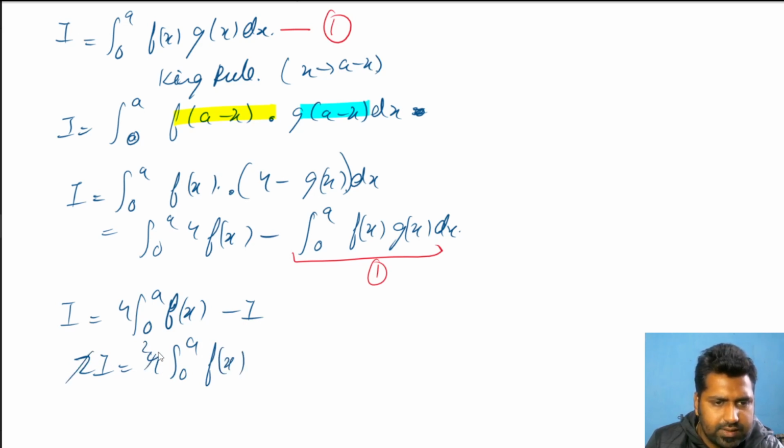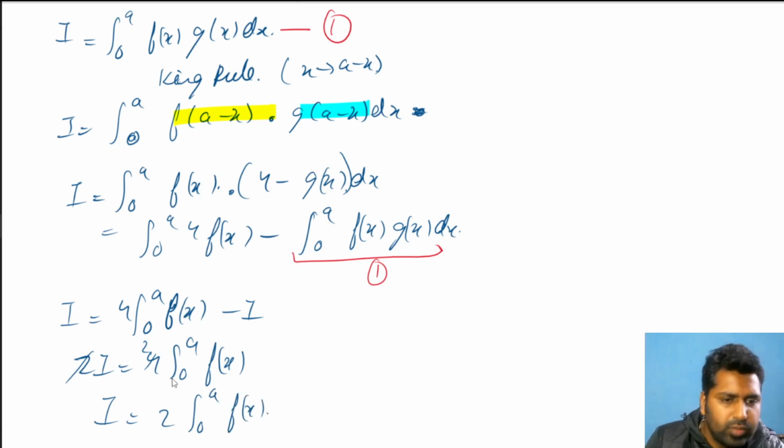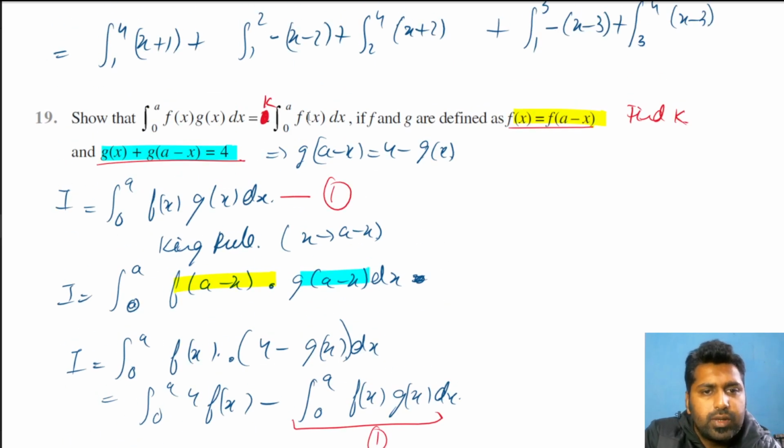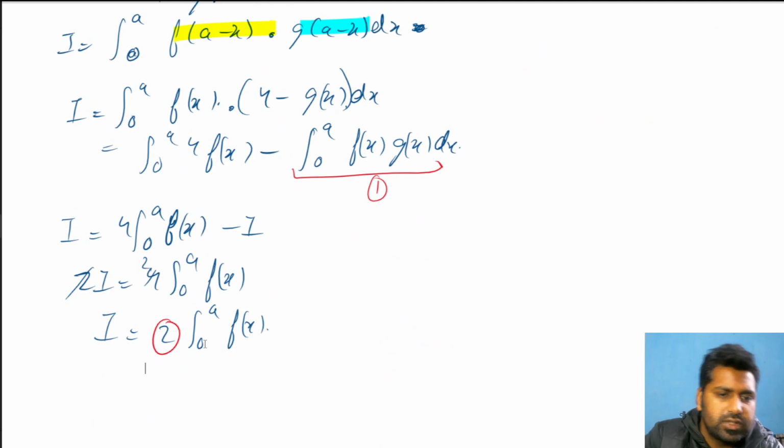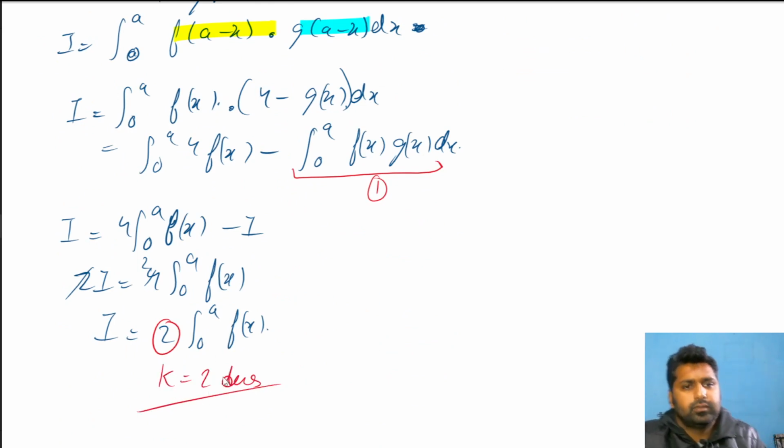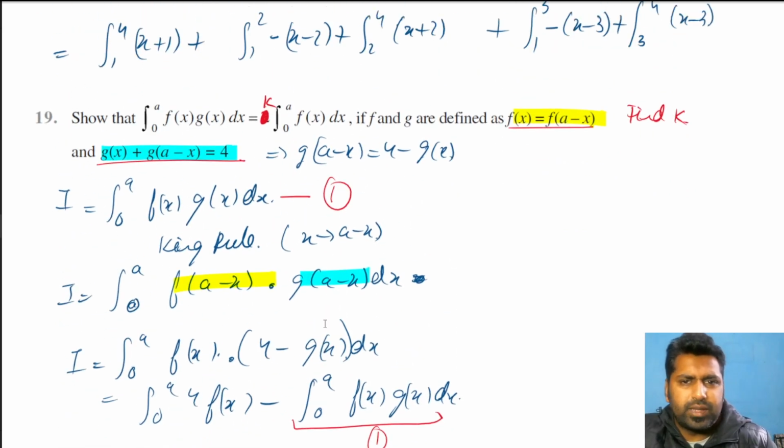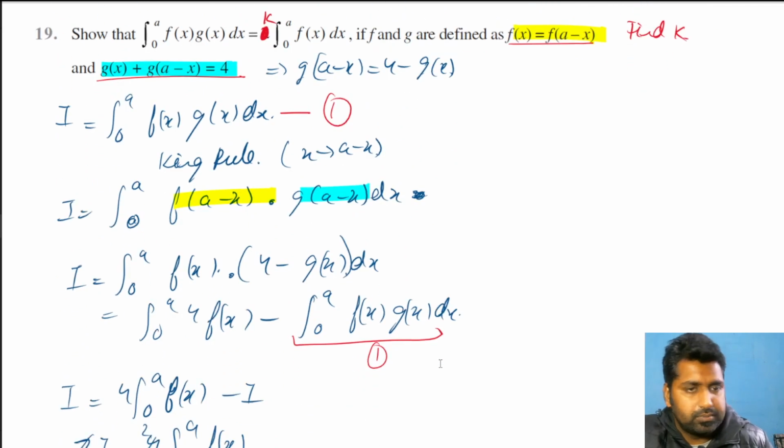This 2 and 4 cancel, so I becomes 2 times integral 0 to a of f(x), and this was the k we were looking for, because as per the question this is k times integral 0 to a of f(x). So k is 2, the answer.